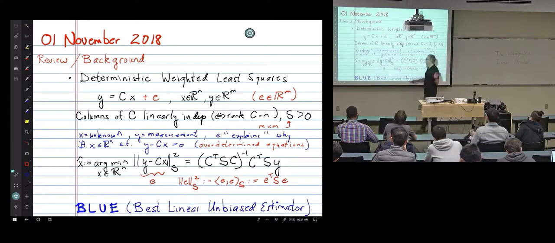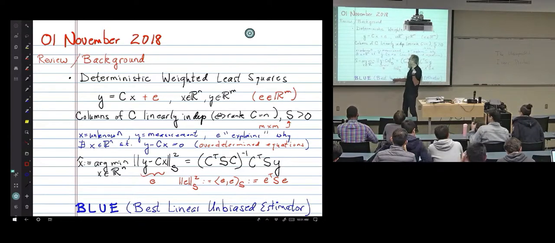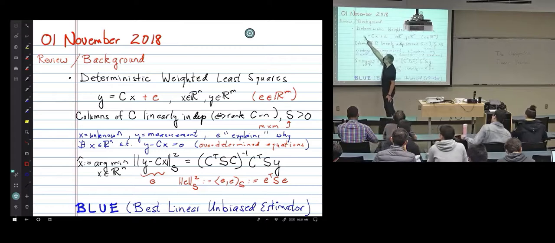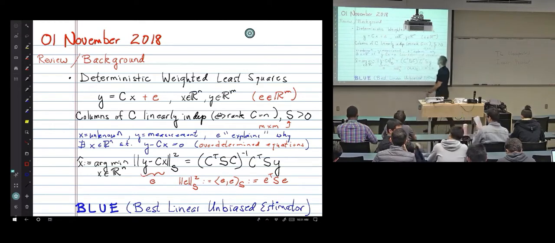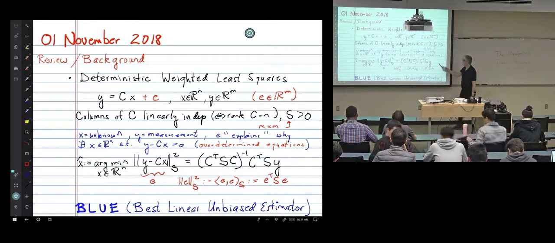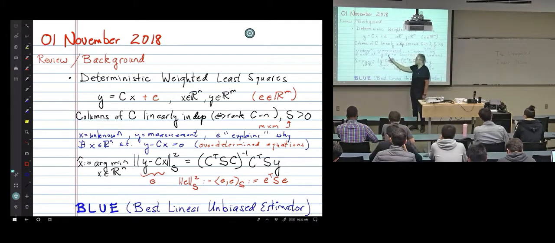And so we called those overdetermined and we were finding solutions that minimize the error when you did y minus Cx. We're really minimizing this parameter here, e, which is what you have to add to the equations in order to explain the mismatch in y minus Cx, okay?